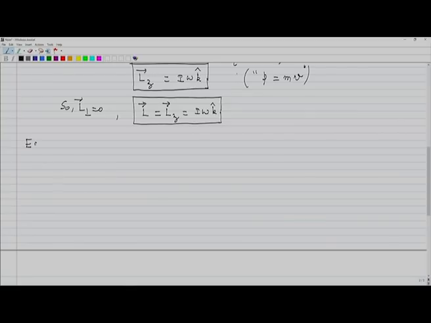Example 1. Let us say that I have a circular disc. This is the axis of rotation. This is z, omega, and its radius is r.